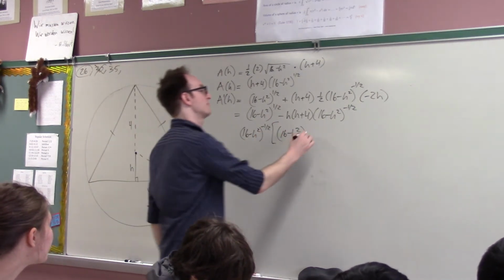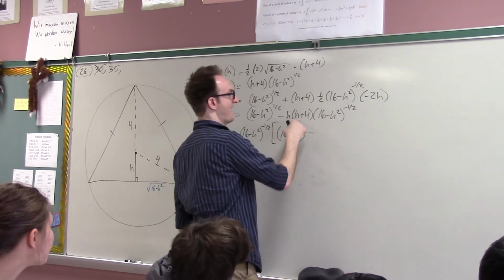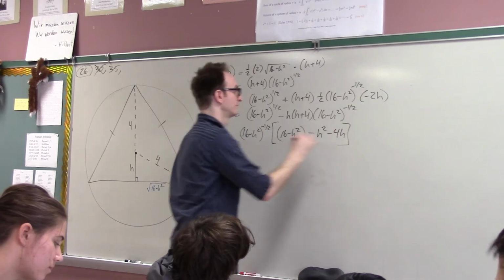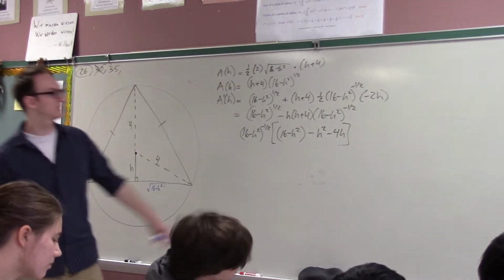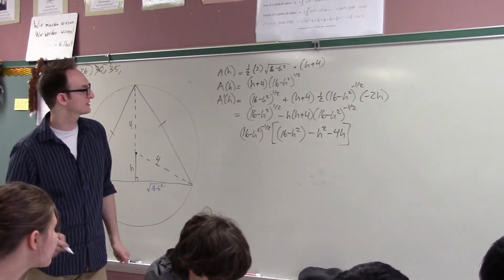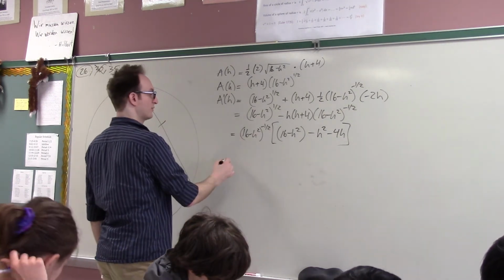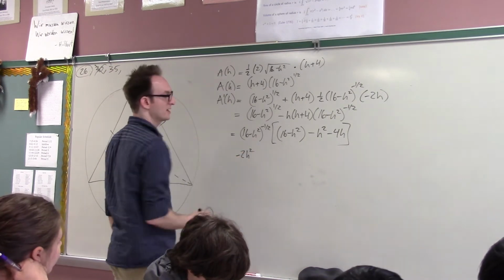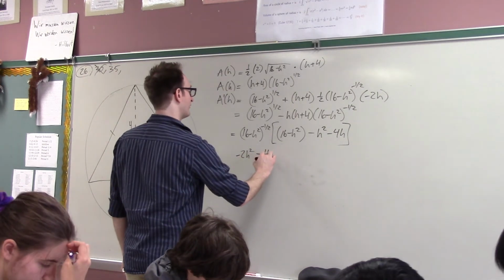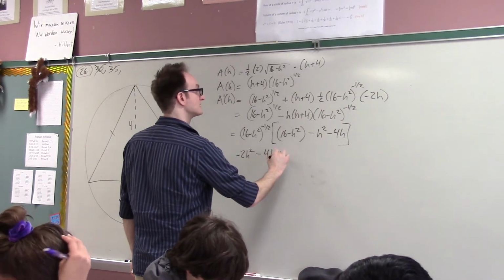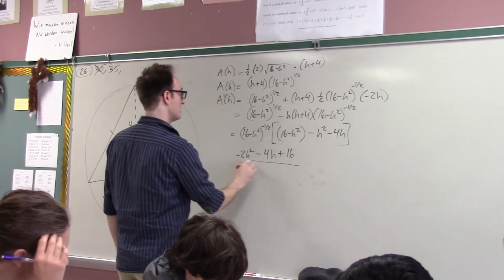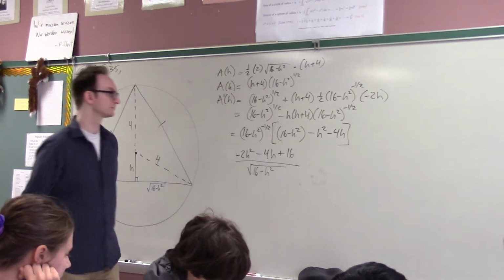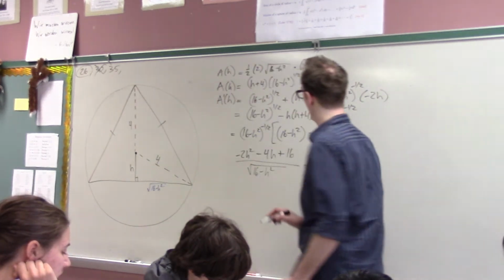And then I'm just left with minus that. So minus h squared minus 4h. So that's really nice because it leaves me with a polynomial over here in the brackets. And so this derivative is just negative 2h squared minus 4h plus 16 all over root 16 minus h squared. Now just keep working on this.